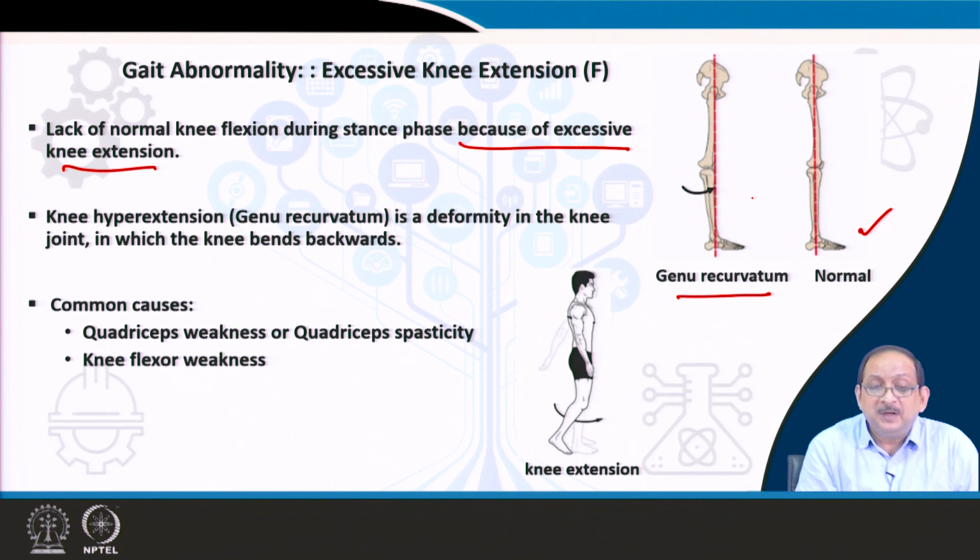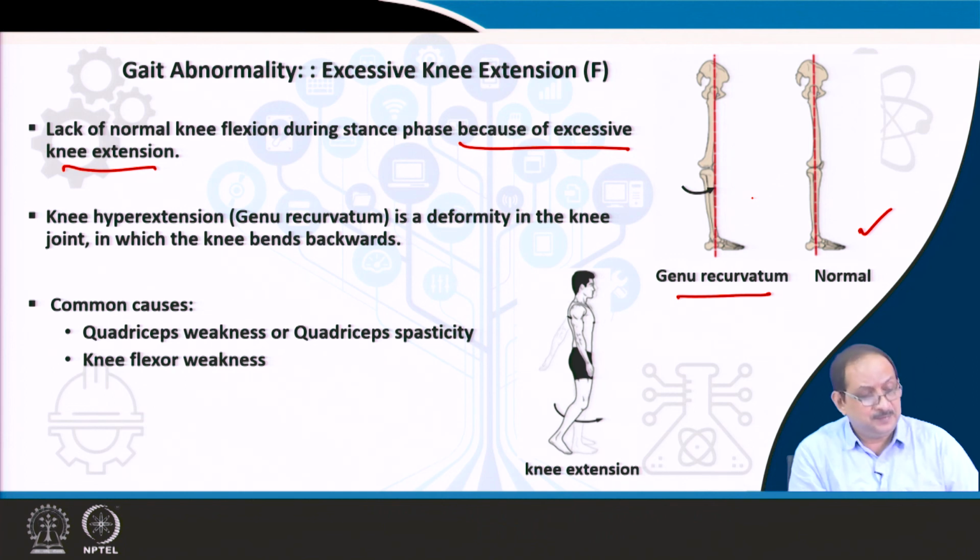The common causes of this form of gait abnormality are weakness in quadriceps, also spasticity in the quadriceps. It can also happen due to weakness in knee flexor muscles.